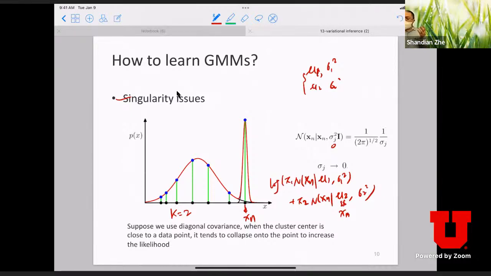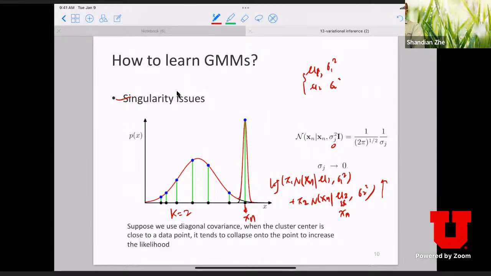If I want to increase the likelihood, given that xn equals mu2, what shall I do to make it larger and larger?